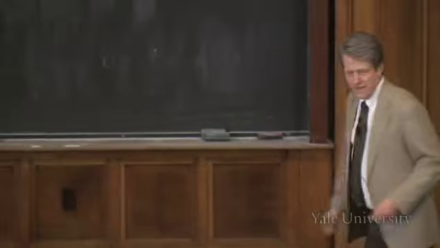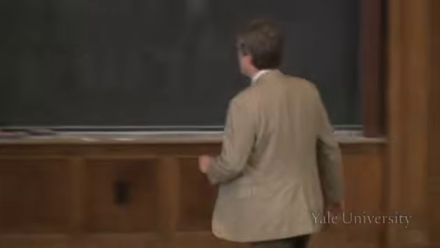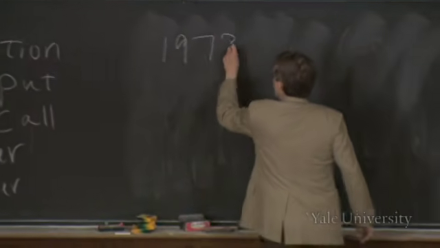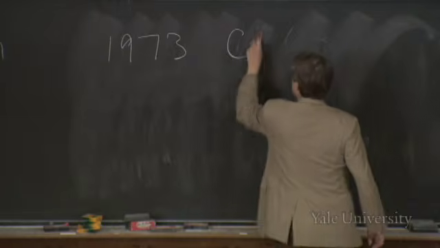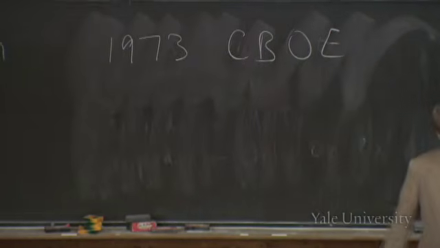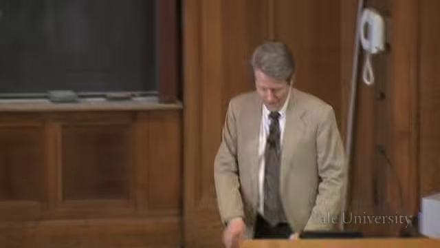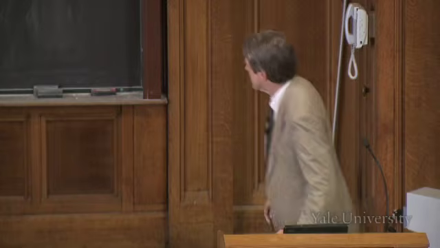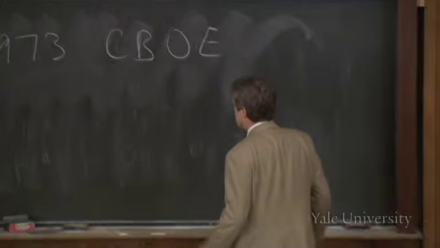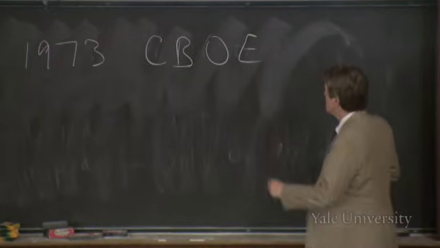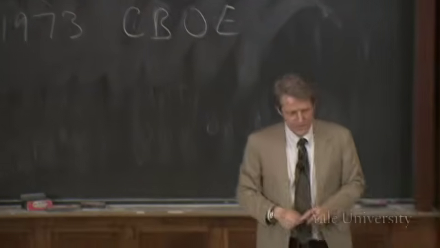That was a problem until 1973, when the first options exchange opened. Well, I think there may have been ways of dealing with the problem before 1973, but this is the first options exchange, the Chicago Board Options Exchange, which was a spin-off of the Chicago Board of Trade.